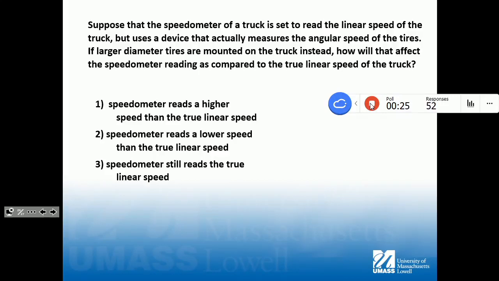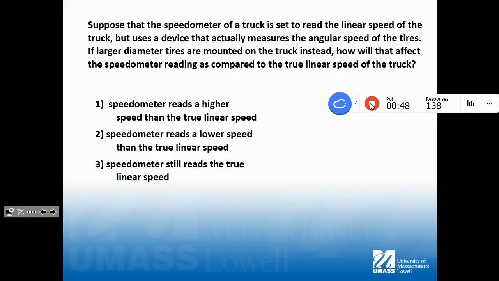And the relationship between v, the translational velocity, and omega is what? v equals r omega. Remember that, v equals r omega. So what this device is actually doing is measuring omega. It knows the size of the tire, so it's multiplying that radius by the omega and giving you your speed.